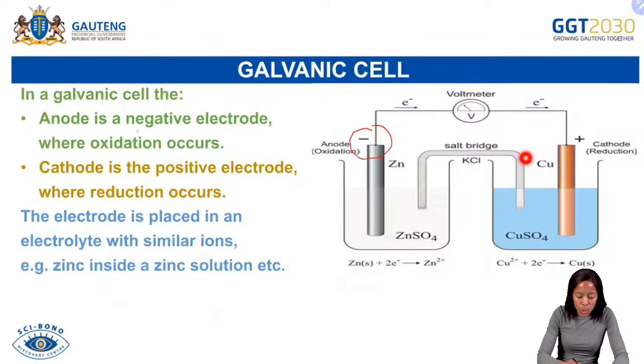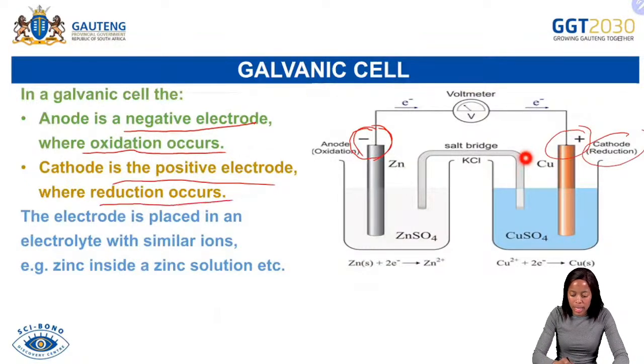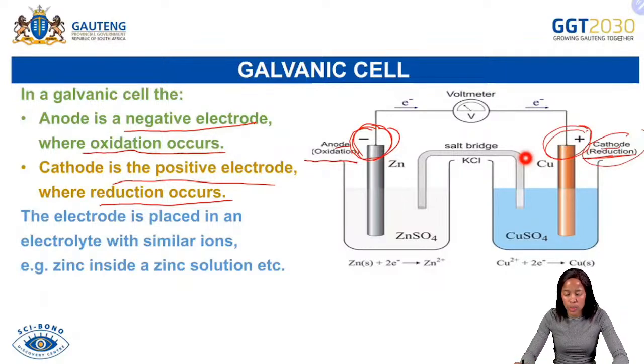So the anode is a negative electrode where oxidation takes place, but the cathode is the positive electrode where reduction takes place. Okay, so anode, negative electrode where oxidation takes place. The cathode, positive electrode where reduction takes place.